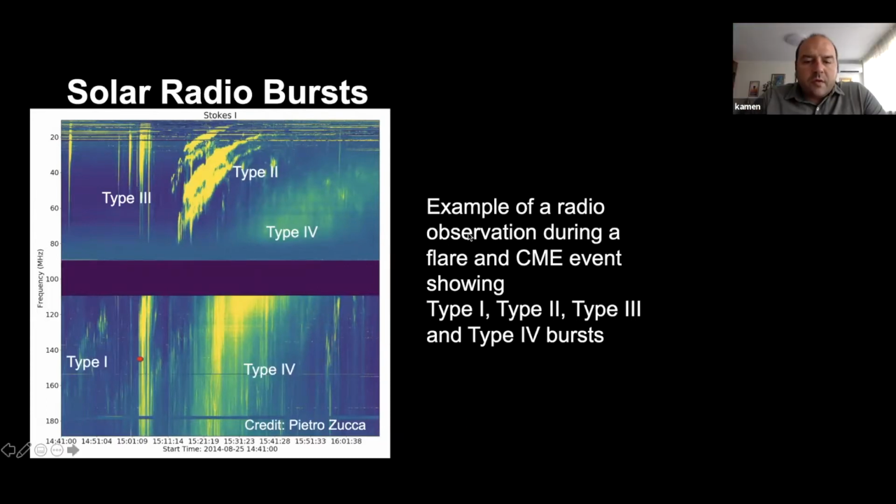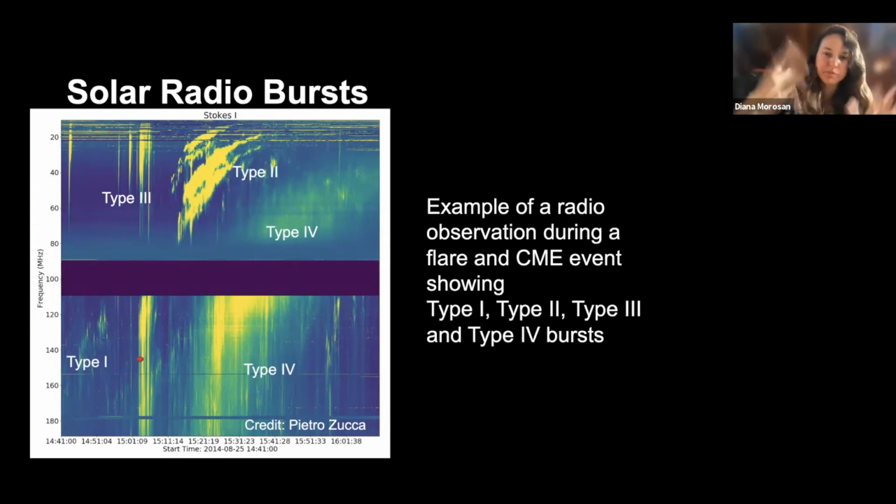Just wondering, have there been any studies of the occurrence of type 1s before type 3s or type 2s, so there's been predictive power? Yeah, there have been studies of type 1s before a CME, for example, because the CME disturbs the loops around its eruption site.